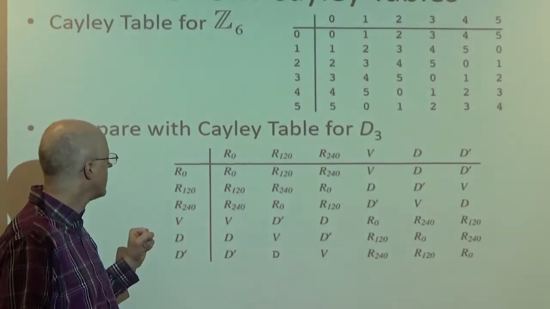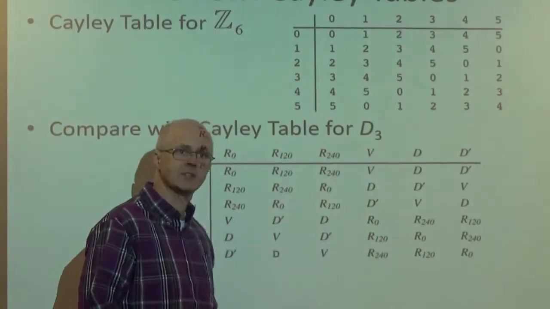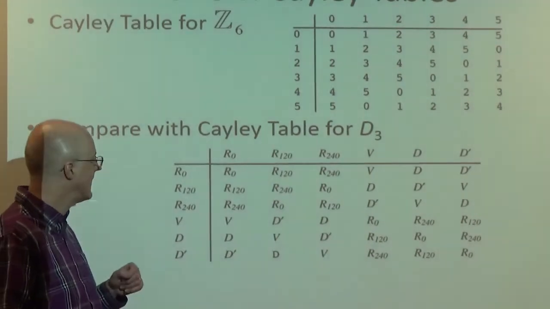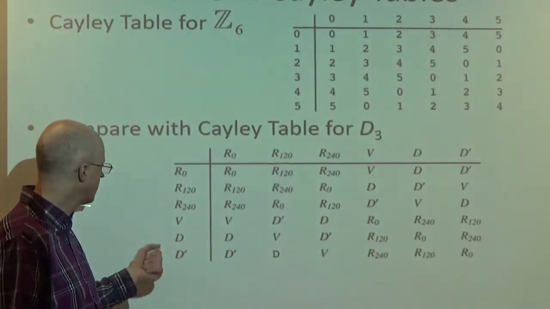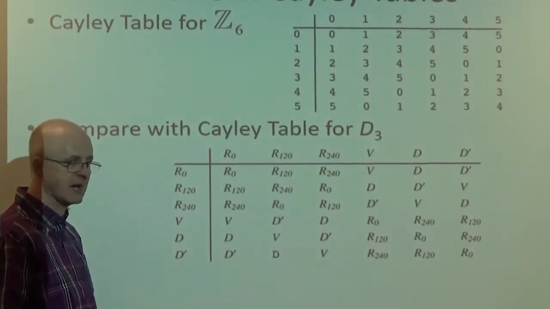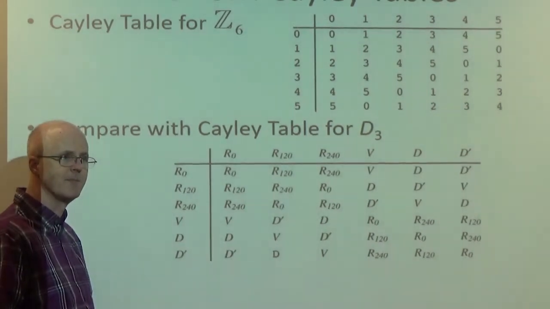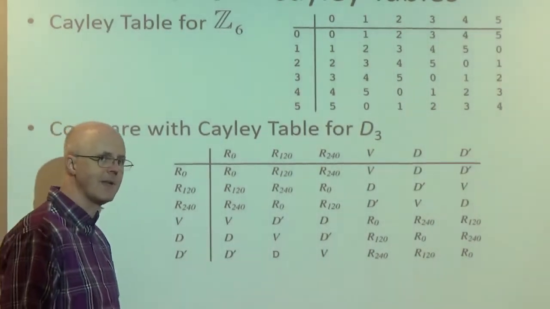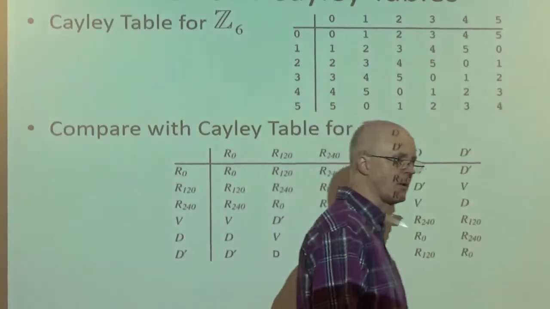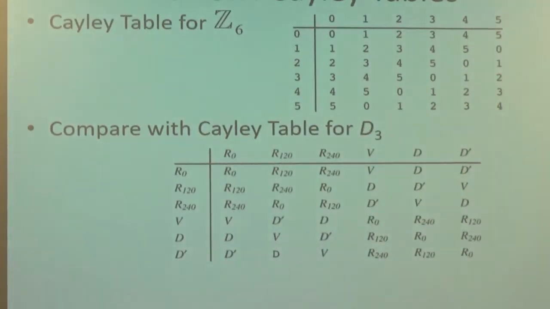Composing 2 flips, 2 reflections, gives you a rotation. And composing a rotation with a flip, with a reflection, gives you a reflection. That kind of structure is something worth observing too. And it will come up in some pretty significant ways about chapter 8 or chapter 9.